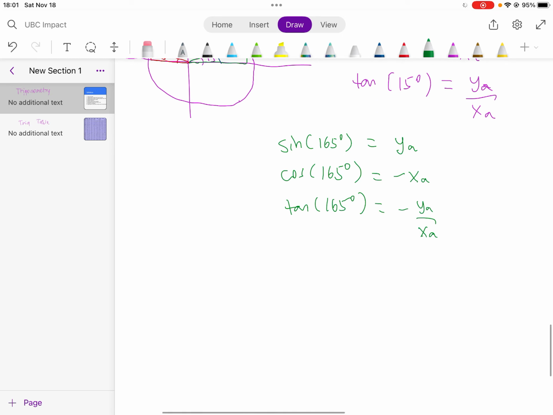So here's the general rule that summarizes this.